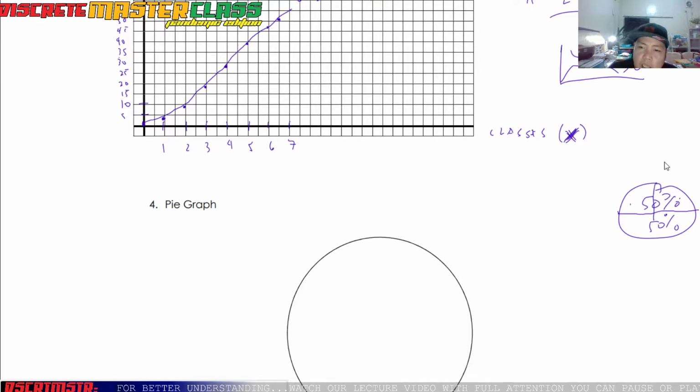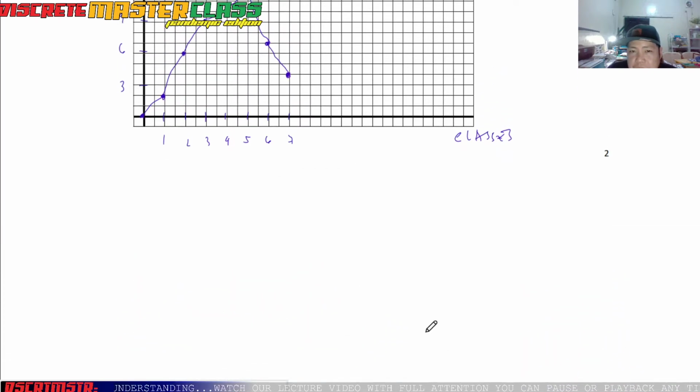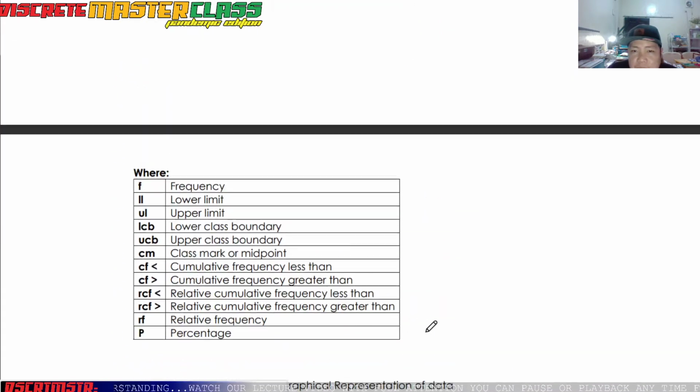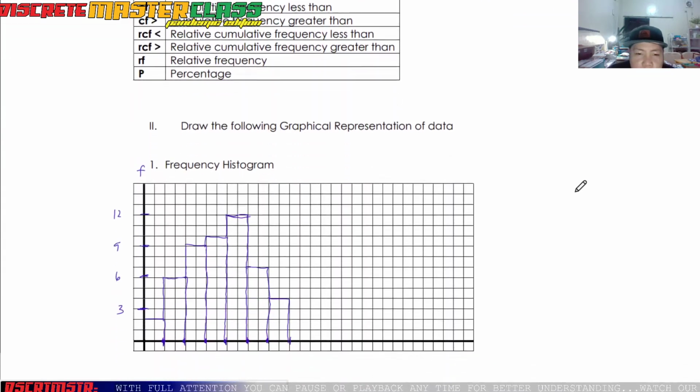Dito, gagamit ka ng percentage. Ito yung P. Ito yung sinasabi ko kanina. Unahin natin yung pinakamalaking class. 20. So, medyo mahirap dito. Ang liliit pala nito, no? Sige, gawin na lang natin.